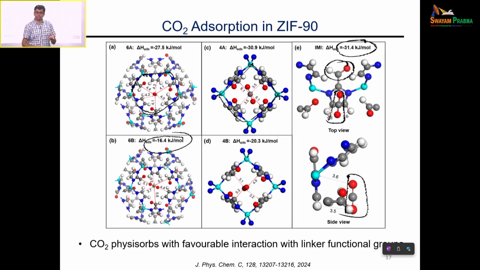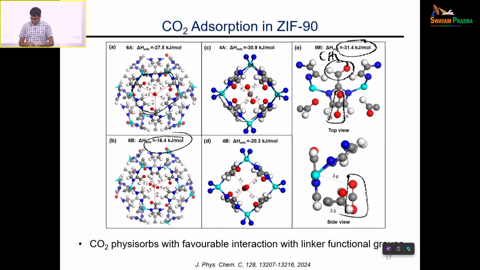There is another ZIF called ZIF 8 which has a CH3 instead of this. If you have that, the strongest adsorption is only around 20 kilojoules instead of the 30. So, that one CH3 instead of the CHO has changed the adsorption by around 10 kilojoules, and this has an impact.